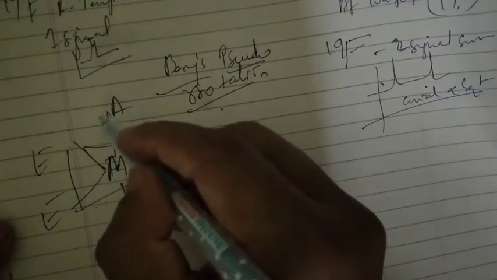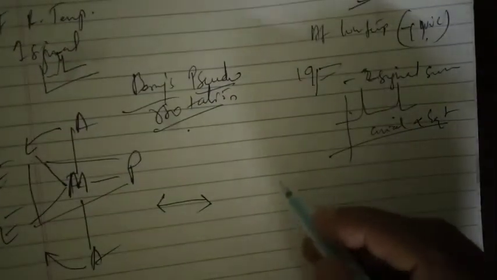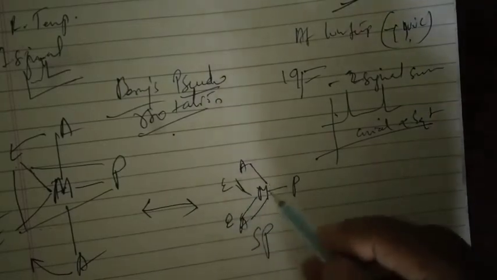What will happen now? In the next moment, these two will rotate in this way, and this A is going to come in this way, and E is going to come this way, and you get a square pyramid type of structure. Your metal is here, axial is coming down, and similarly equatorial is going up.